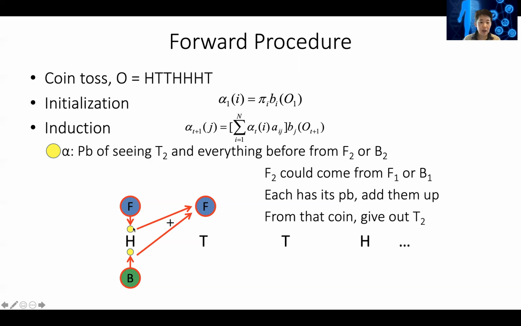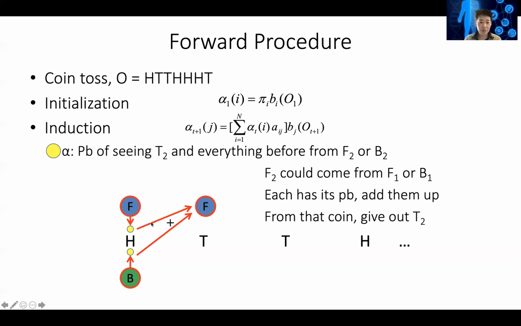In this case, it would be this alpha, this yellow number stored in here, multiplied by the transition probability from a fair coin to a fair coin, plus this probability of previous coin using bias to get this head, multiplied by the transition probability from the bias coin to a fair coin.